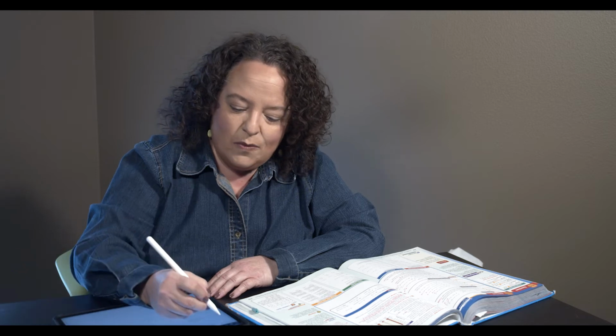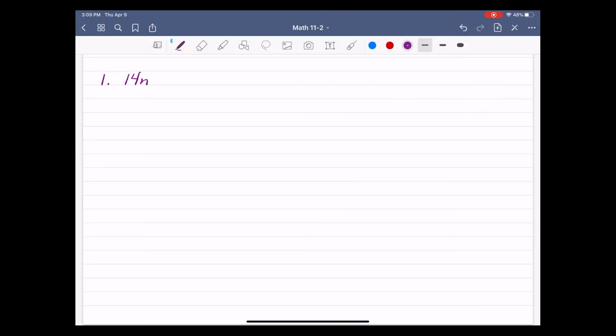So let's do a practice problem together, and I'm going to start with number 1. Number 1, the problem is 14n plus 2 minus 7n equals 37. The first thing I want you to do is to take a look at the like terms.